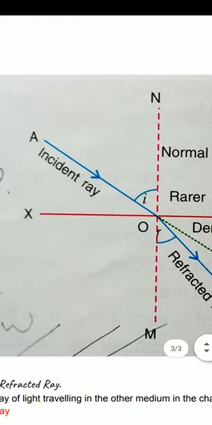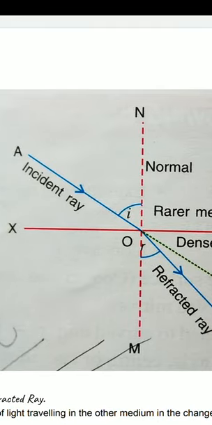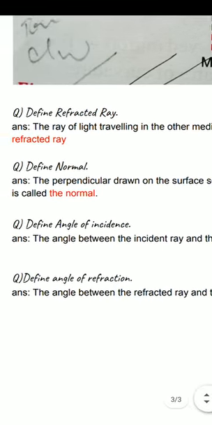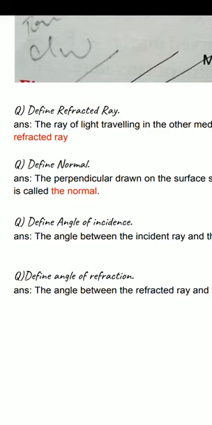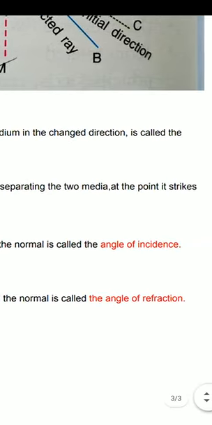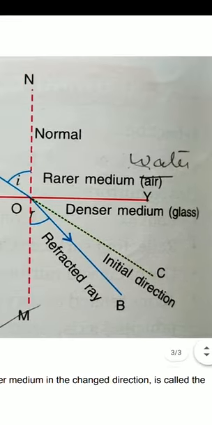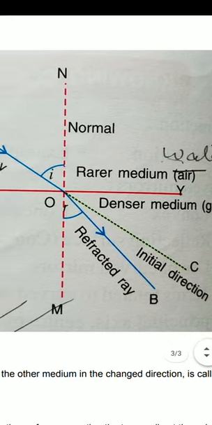Here, the angle formed between the incident ray and the normal is your angle of incidence. Similarly, what is the angle of refraction? The angle between the refracted ray and the normal is called the angle of refraction. So these are the basics that we should have for this chapter on light energy.